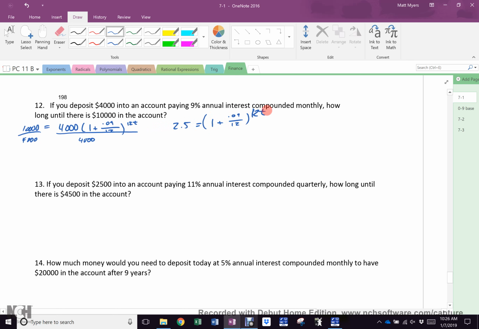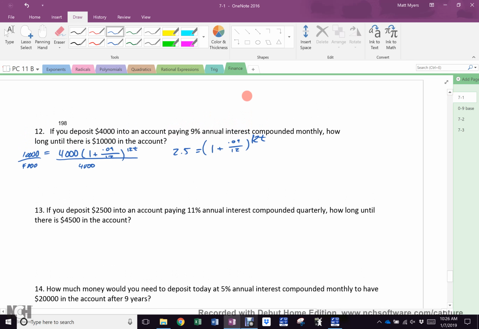Now, knowing that 10 to the x equals 100, and we know that x is log of 100 divided by log of 10. I have that right here, don't I?